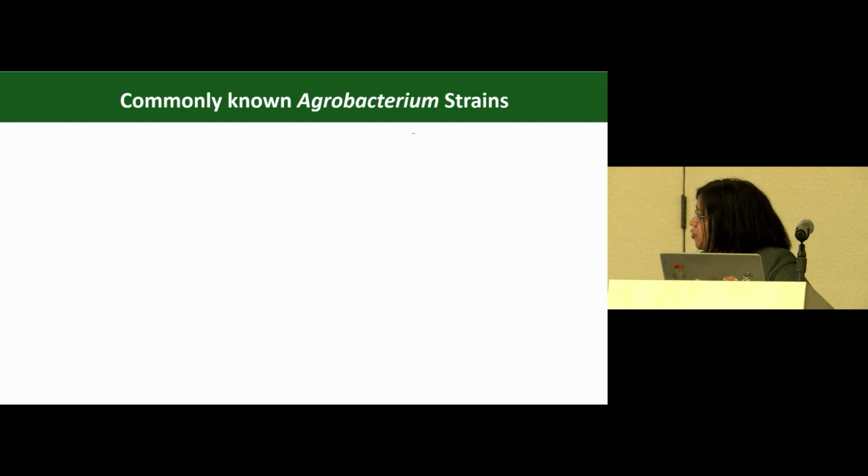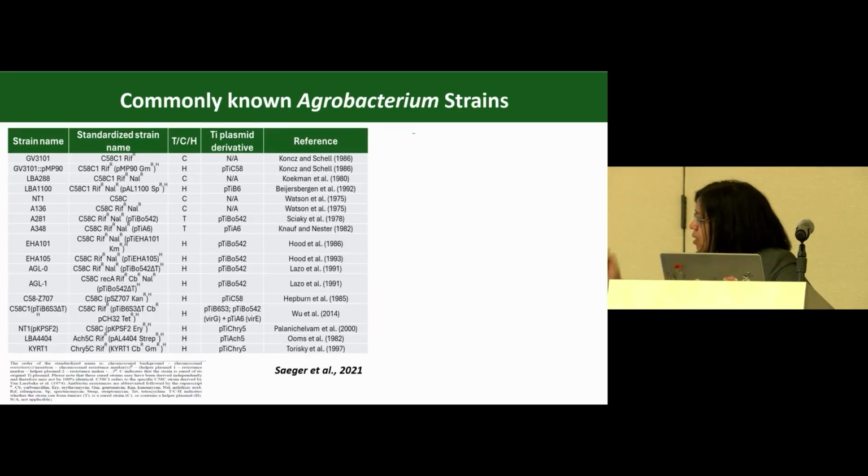This slide shows various types of Agrobacterium strains which have been known in the literature. Again, this is a really good publication people can look at. And this is the table I showed earlier, with different types of Agrobacterium strains commonly used for genetic engineering of plants or basic research in Agrobacterium.